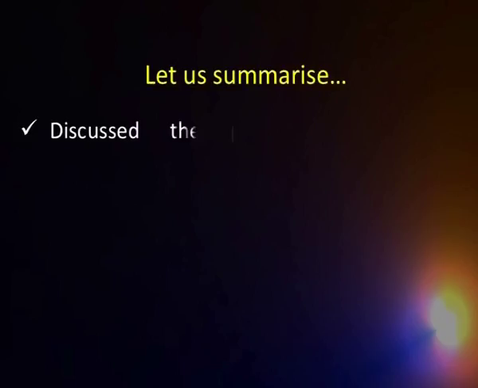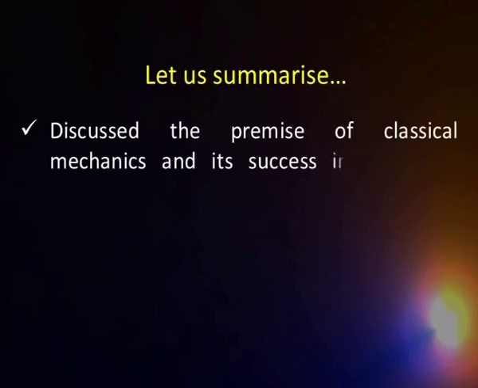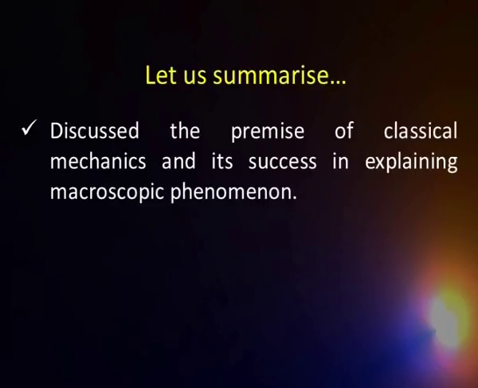Let's sum up what we have done today. We started with understanding the basic premise of classical mechanics, and on the basis of that, how comfortable we are in explaining macroscopic observations. Thereafter, having established that classical mechanics works fairly well for macroscopic systems, we came down to 2 experiments particularly: one, black body radiation, and two, the photoelectric effect.